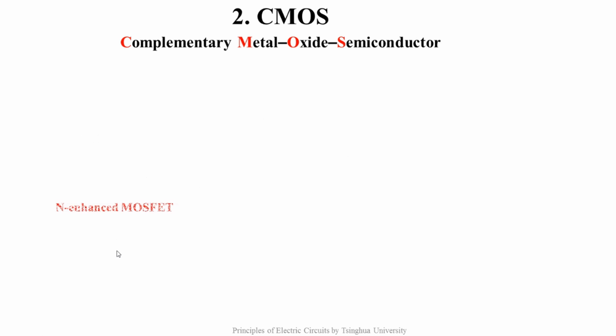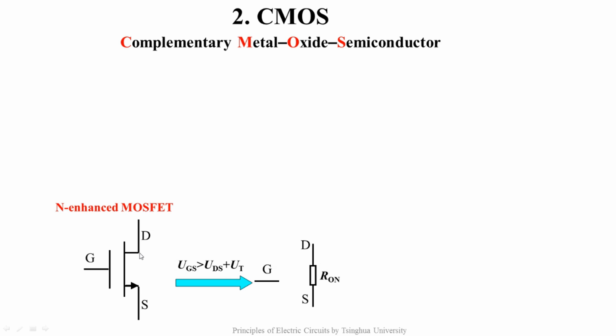Our previous analysis is based on the N-channel enhanced MOSFET. This is its circuit symbol. When UGS is greater than UDS plus UT, that is, UDS is less than UGS minus UT, the MOSFET is turned on and acts as a resistor.